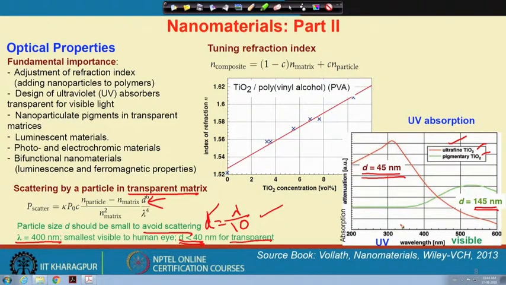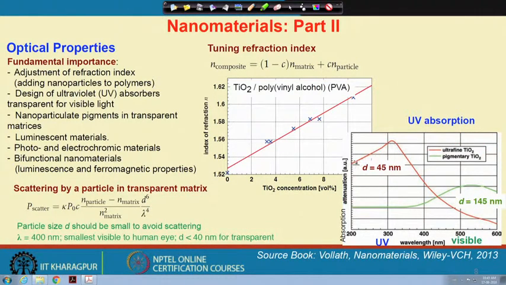So, on this side it is the ultraviolet ray and here is the visible ray, and if you see the absorption or attenuation, then the smaller particle is basically giving the highest attenuation at a wavelength of 300, whereas the larger particle will give you attenuation around 550 or in that range. So, I can use this nanoparticle for UV absorption.